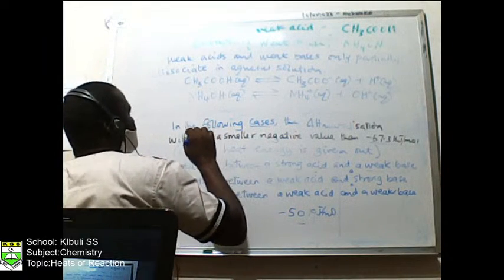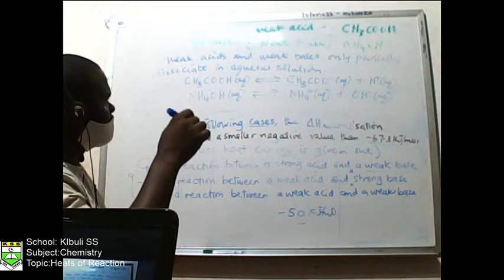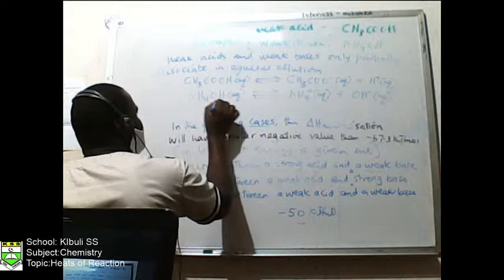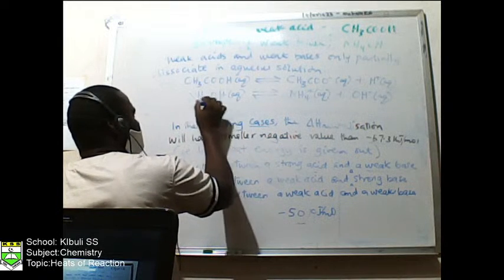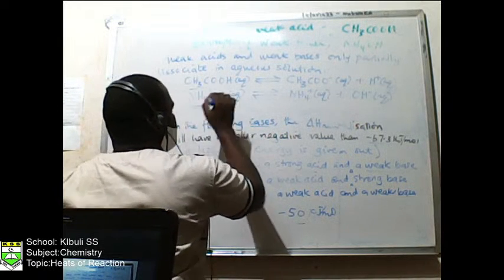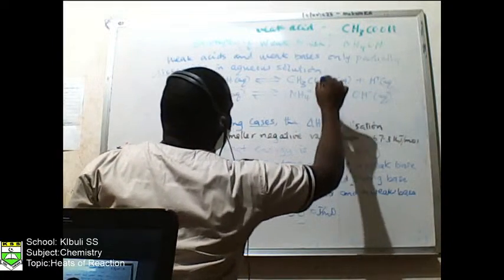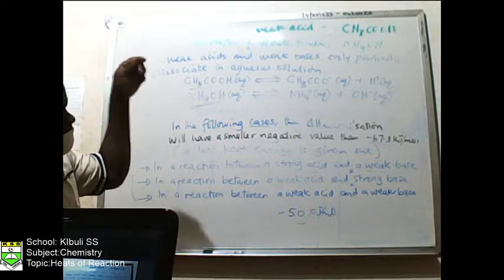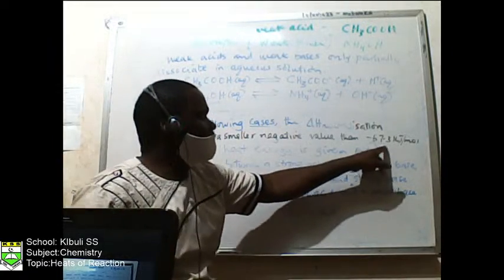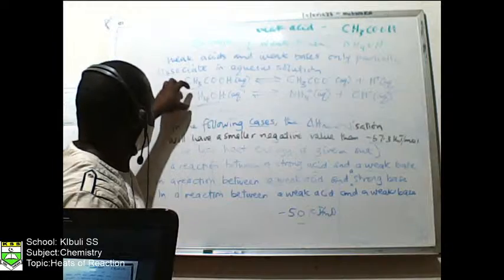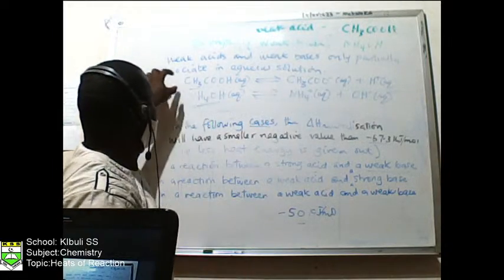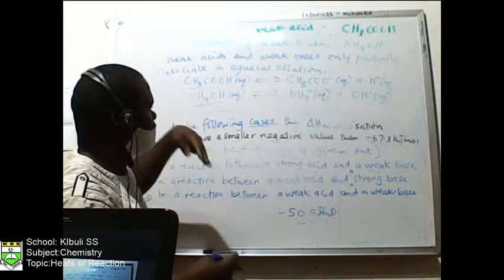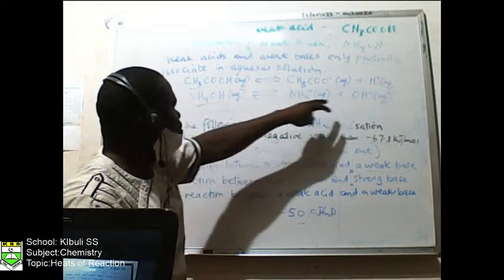So what happens is that some of the heat energy which has been given out will be used to convert these unionized or undissociated molecules of the weak base into the ionized molecules. Some of the energy which would have been given out to reach this value is used in dissociating the weak base or the weak acid so that it provides the hydroxide ions. Because at the end of it all, it will have to react fully.